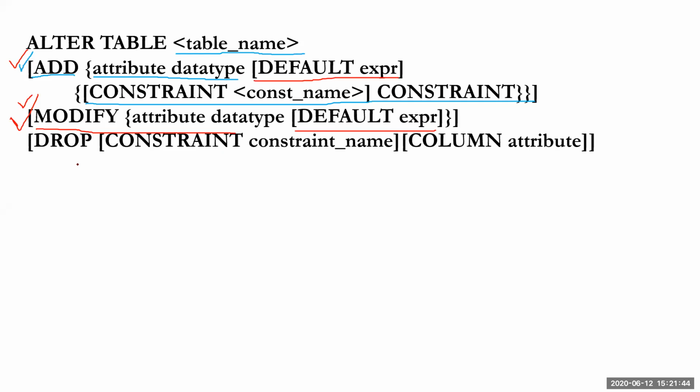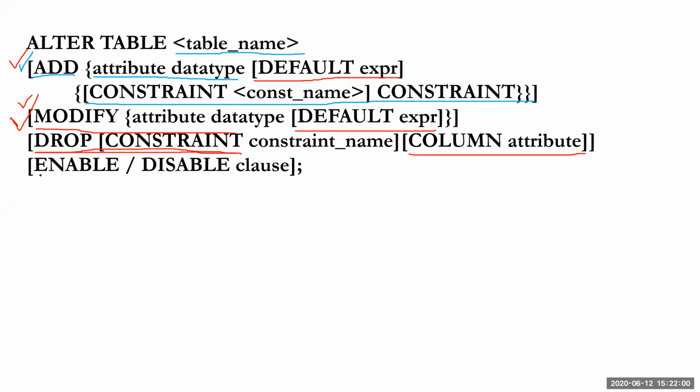And then, you may drop the constraint, or you may drop the column. If any column is no longer required by you, you have to drop it. Otherwise, if any constraint is not required by you, yes, you can drop it. Then you may enable or disable the constraint. Likewise, you can perform these operations. You may add a new column, or you may modify an existing column.